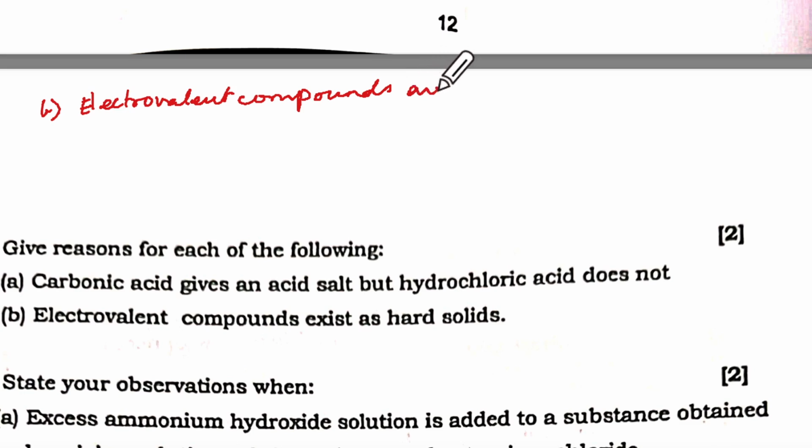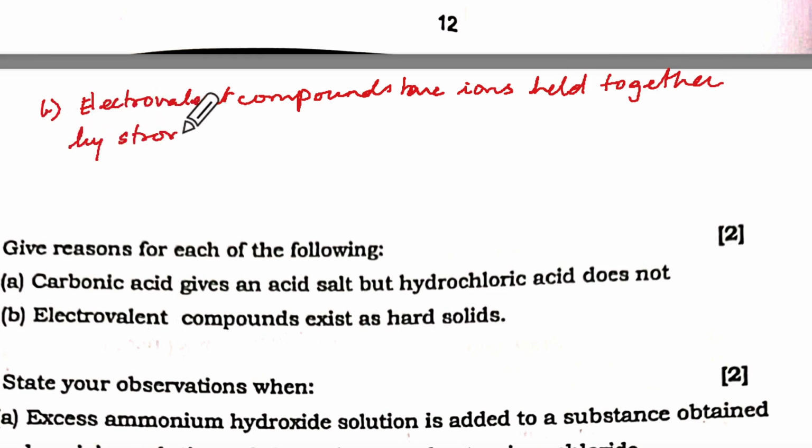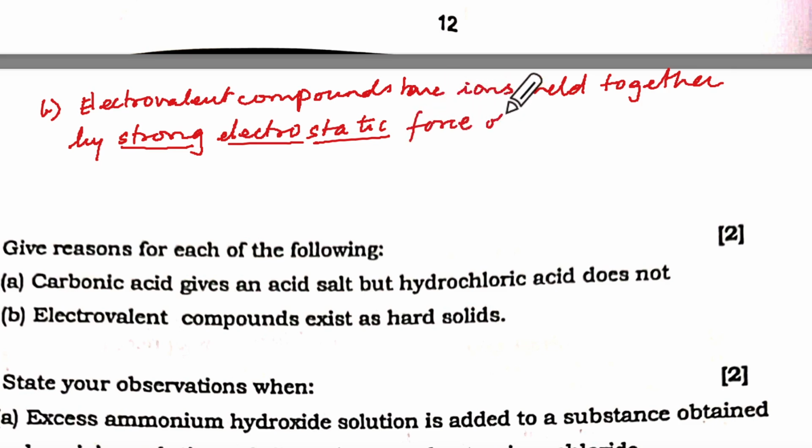So what you'll say, have ions held together. Tell me what is the keyword here? By strong. This word is important. Strong what? Electrostatic force of attraction, not forces. Force of attraction.